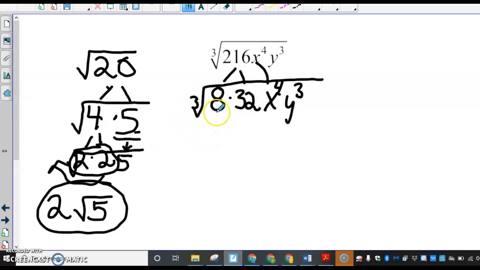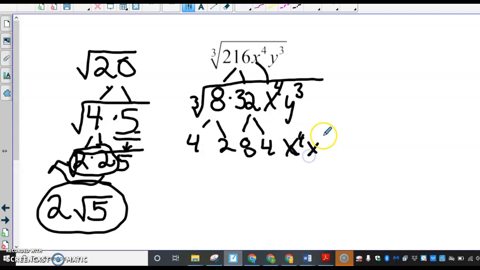So we're looking for triples, 3 of the same number. So 8 becomes 4 and 2, 32 becomes 8 and 4. And again, I'm just going to bring these down for the ride for now, because that idea is a little newer for you.